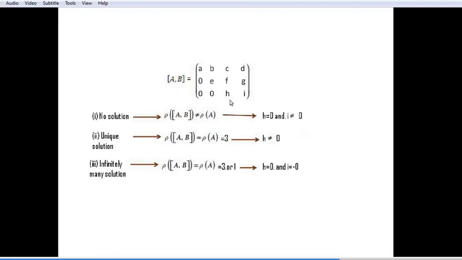When H and I both are equal to 0, rank AB should be equal to 2 and rank A also 2. So from this we can understand, for no solution, H should be equal to 0 and I is not equal to 0. For a unique solution, H should not be equal to 0. For infinitely many solutions, H and I both should be equal to 0.